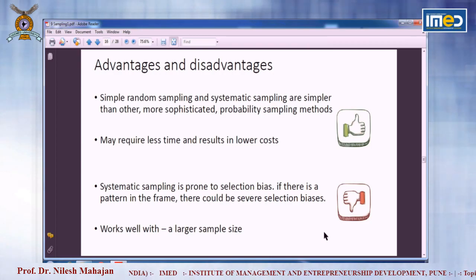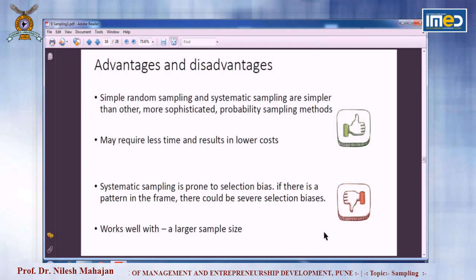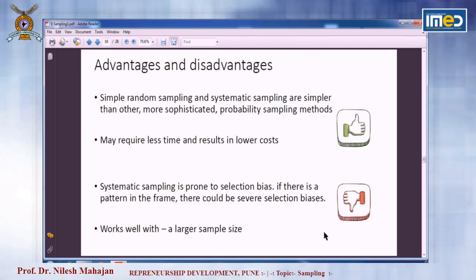Third, systematic sampling is prone to selection bias. If there is a pattern in the frame, there could be severe selection biases. And fourth, it works well with a large sample size.